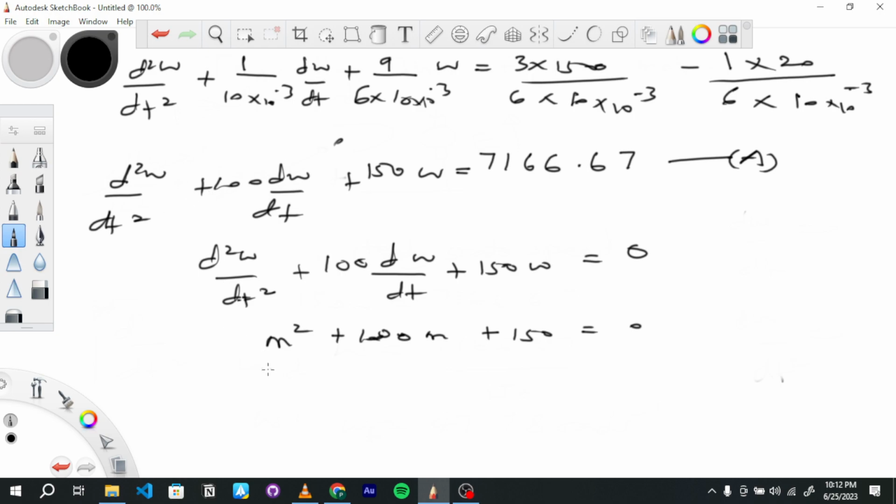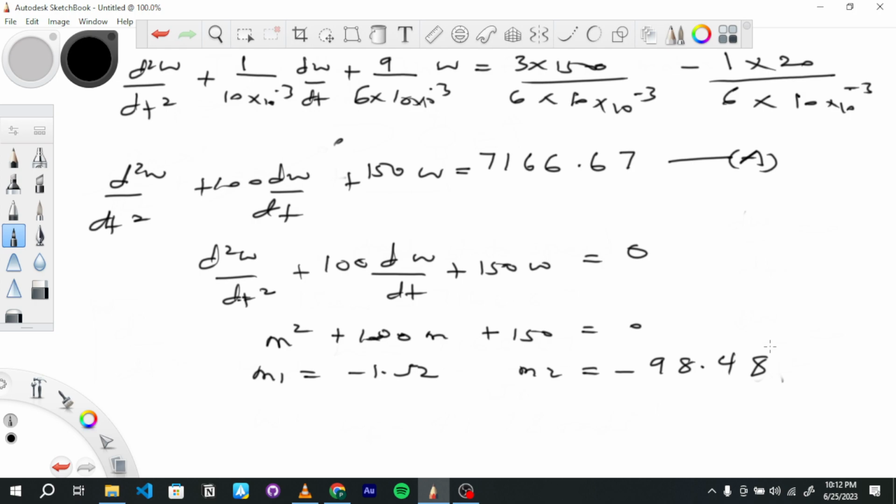I'll get m1 to be negative 1.52 and m2 to be negative 98.48.